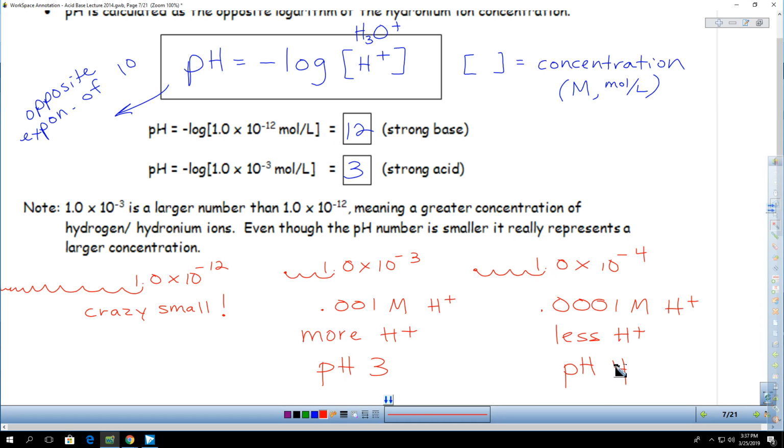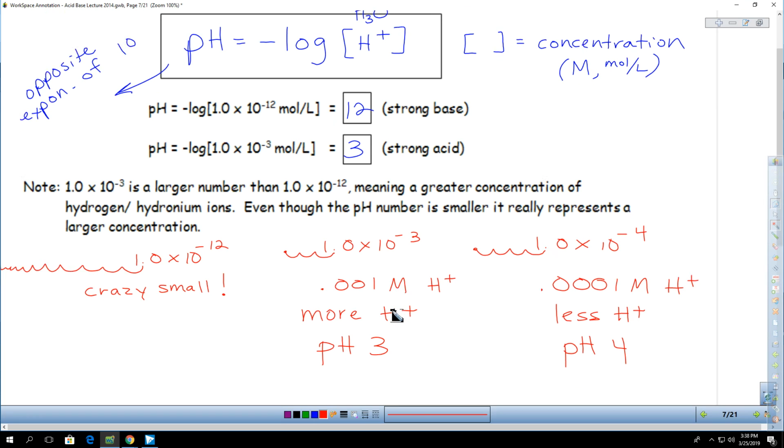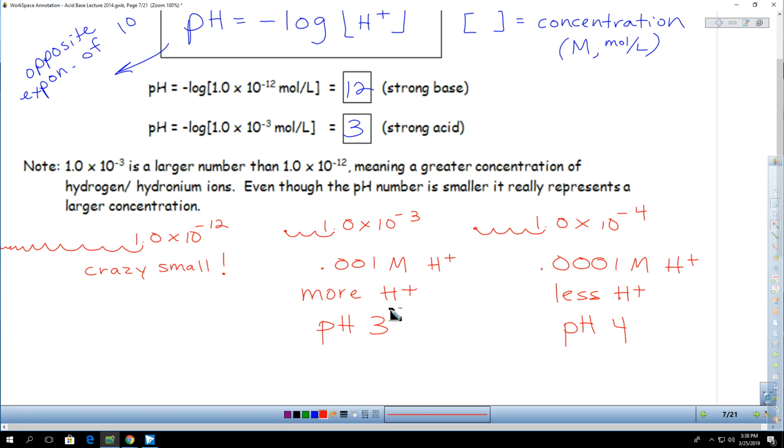When you say that the concentration is 10 to the negative fourth, that's smaller than 10 to the negative third. This pH 3 represents a solution that has more hydrogen. And in fact, this solution has 10 times more hydrogen than the pH 4.